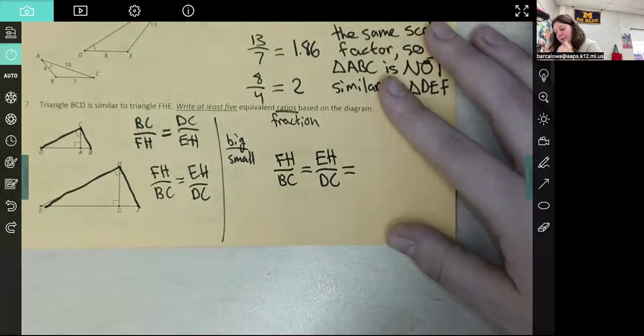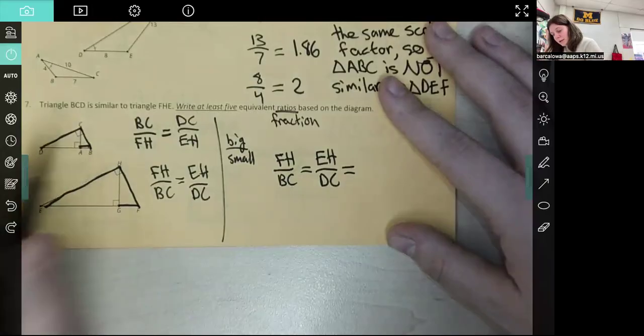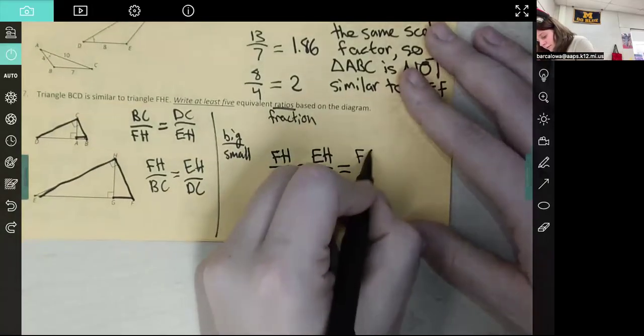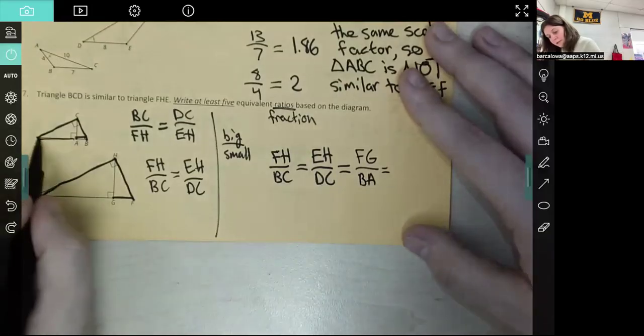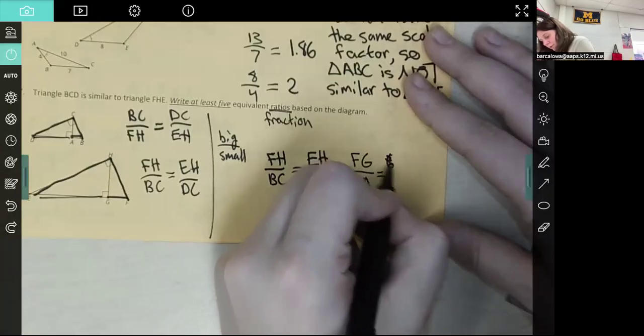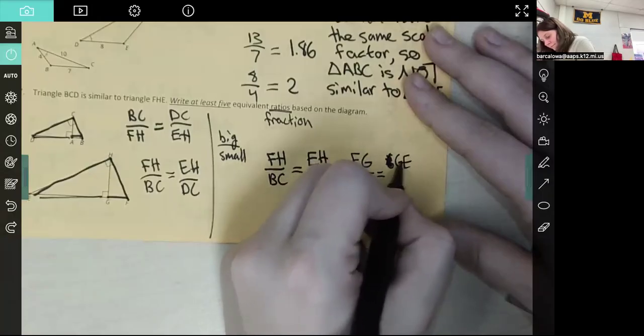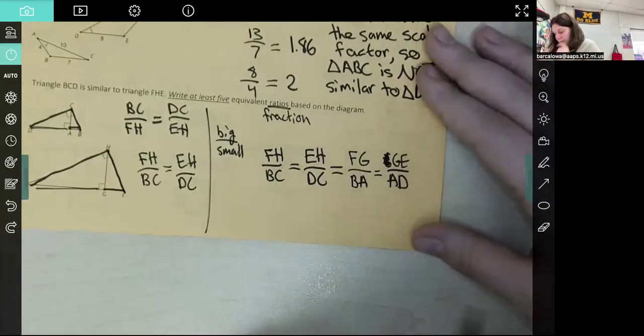Okay, I also have FG and BA. Okay, I also have AD and GE. I'm gonna do GE on top, because all of my big triangles are on the top.